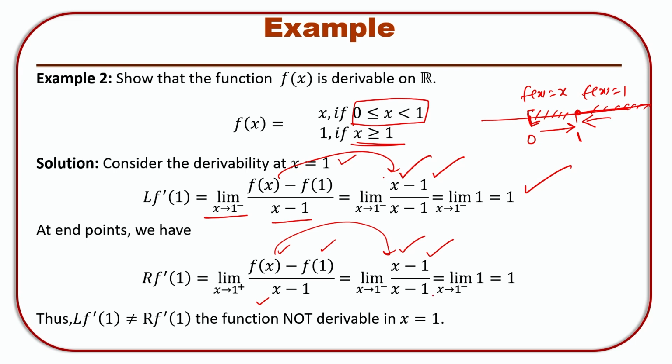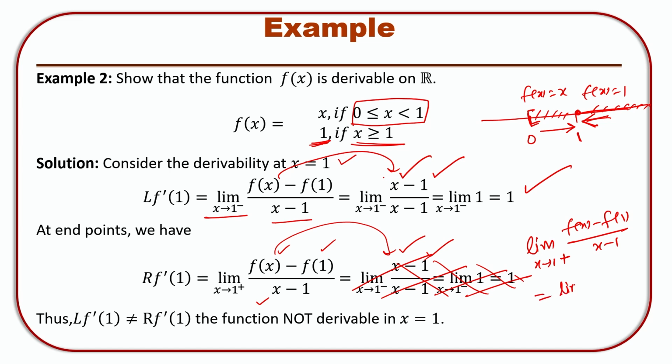This was wrongly written here, so I will correct it. From the right hand side, the value of f(x) equals 1. So the limit as x tends to 1 plus of (f(x) minus f(1)) divided by (x minus 1).